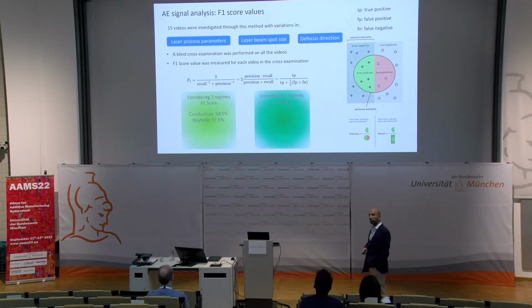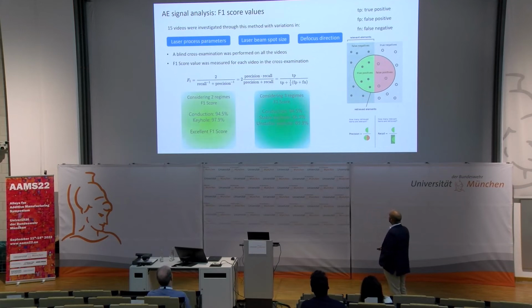I would say maximum 100 microseconds, which is the time for one image, basically, in 10 kilohertz of imaging. And if we consider the 3 regimes, conduction, stable keyhole, and unstable keyhole, it is still an acceptable F1 score, but most importantly it is the unstable keyhole, when the porosity happens. Here you want it to be high, and that's what happens.